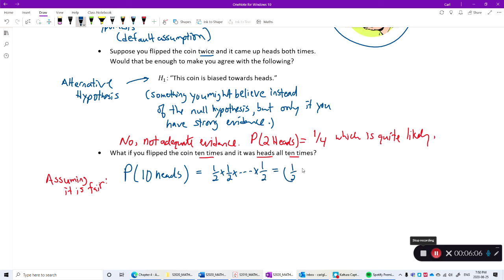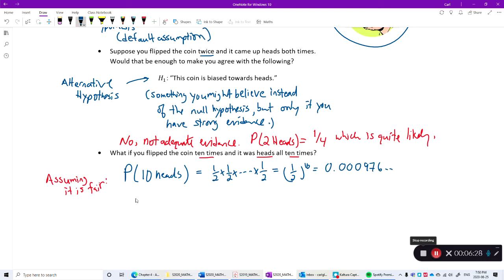Half to the power of 10, which is really small. If I write it as a decimal, 0.000976 something. So that's very unlikely, right?